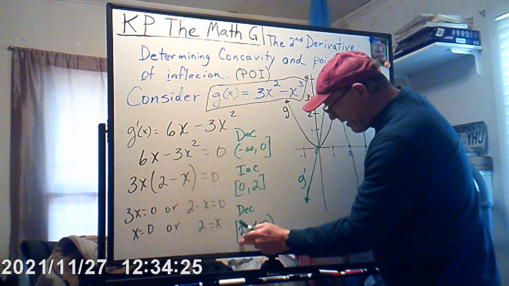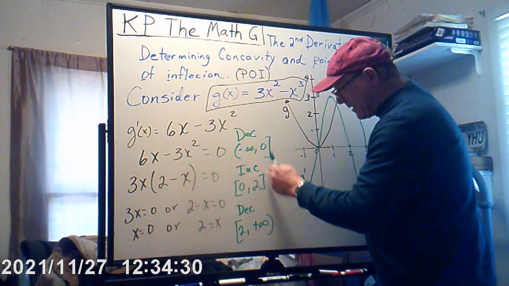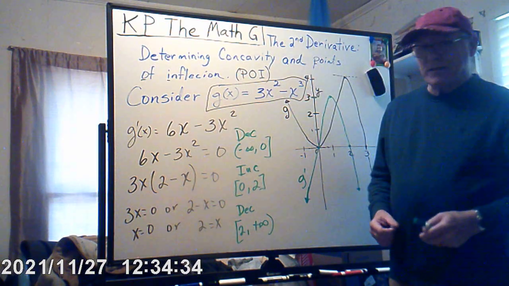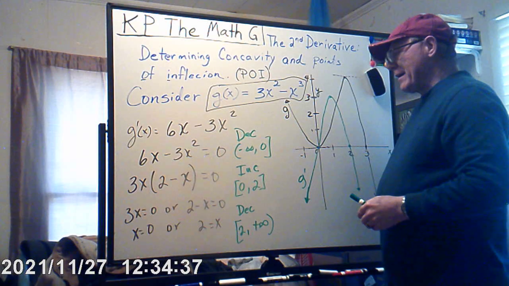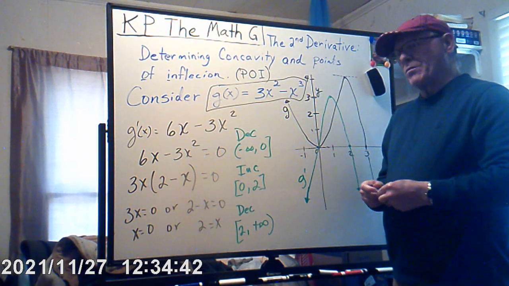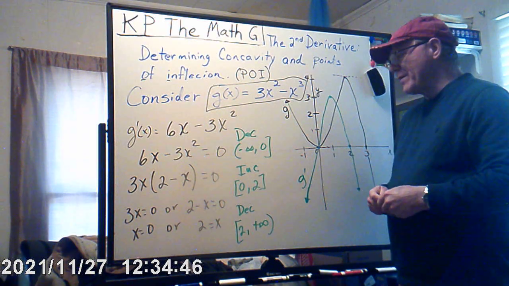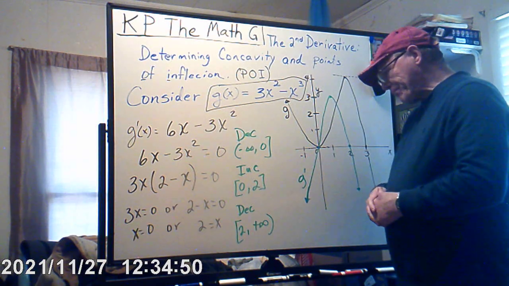And the same thing with 2. If you include it on the increasing, do you include it on the decreasing? I don't know what the answer to that is, and I will try to learn something more about that. I believe I have a comment section. You can comment on that if you would, and I certainly would appreciate that.